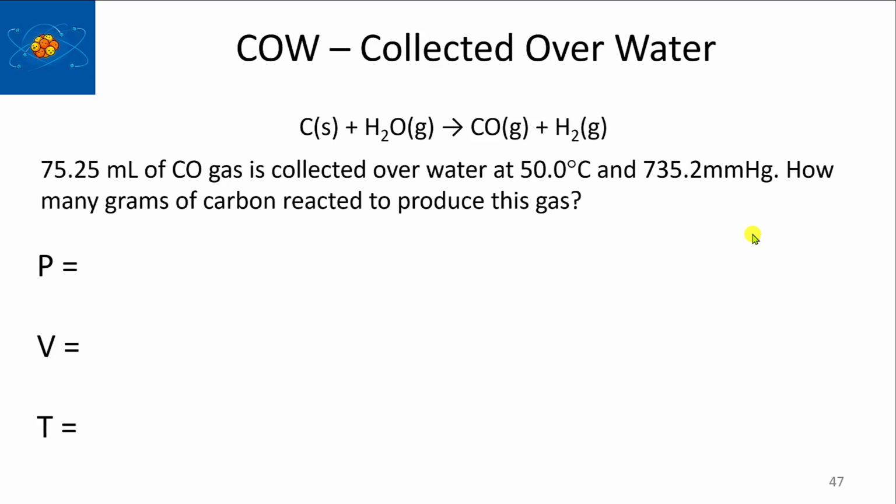But they can also, as a byproduct, produce carbon monoxide and hydrogen gas. Now, hydrogen can be used as a fuel, and carbon monoxide could be as well, except it's really toxic. So in this particular question, 75.25 milliliters of carbon monoxide gas is collected over water at 50 degrees Celsius and 735.2 millimeters of mercury.